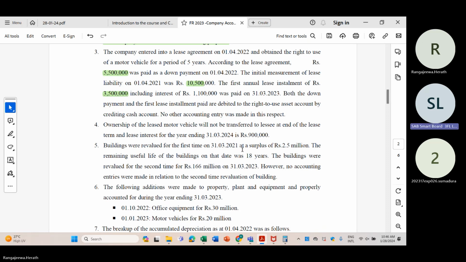Building were revalued first time at a surplus of 2.5 million. This was revalued two years ago. The remaining useful life was 18 years. Building revalued for the second time 166 million now.